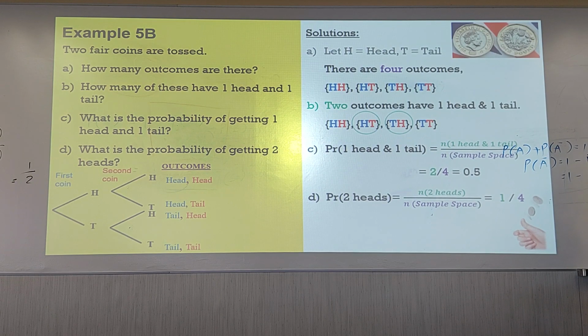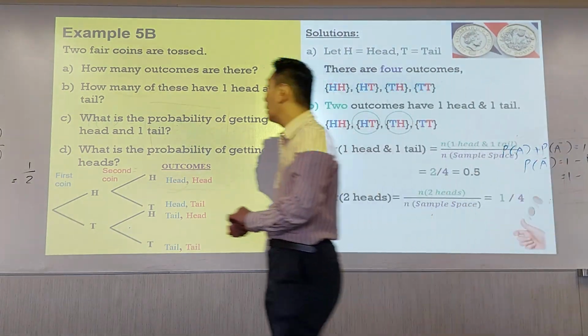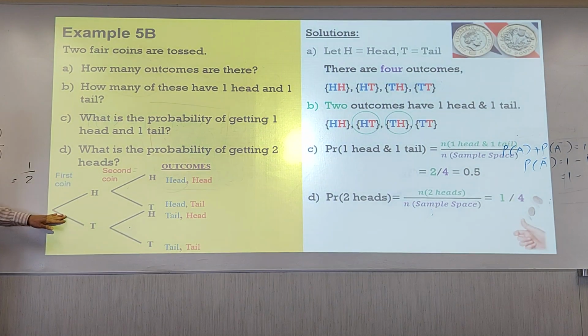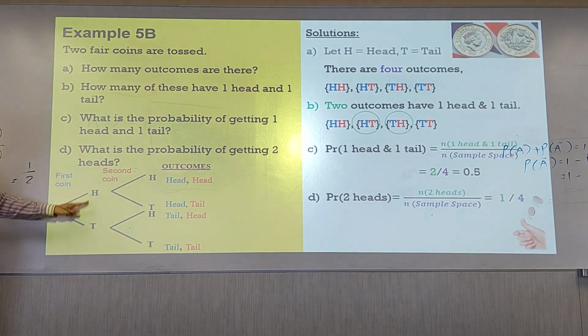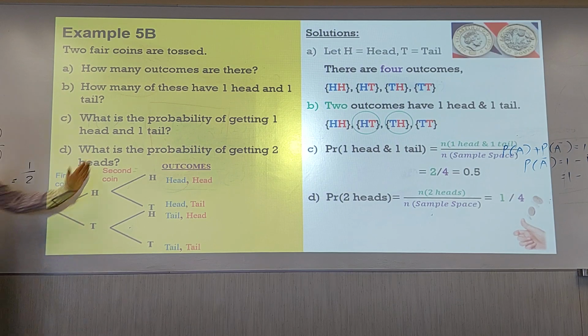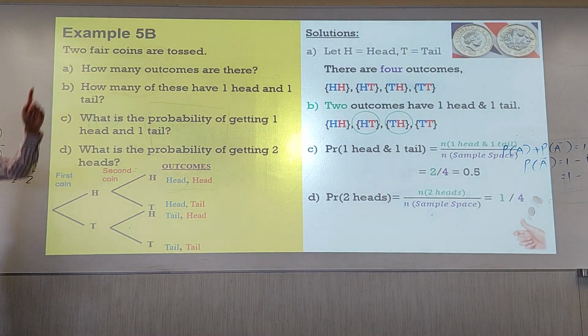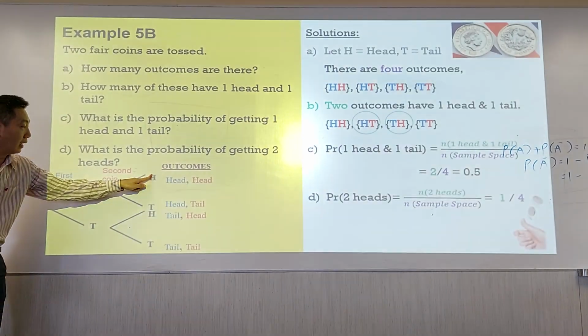That's one way. Another way is to draw a tree diagram to check how many possible outcomes there are. Start from the first coin. The first coin has two possible outcomes, either head or tail.